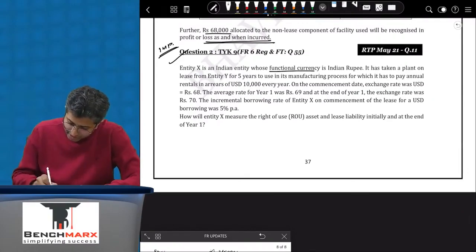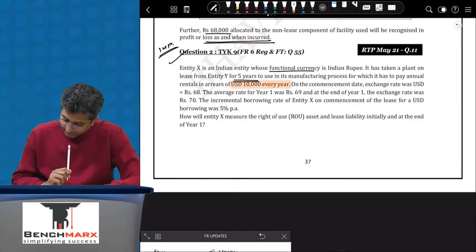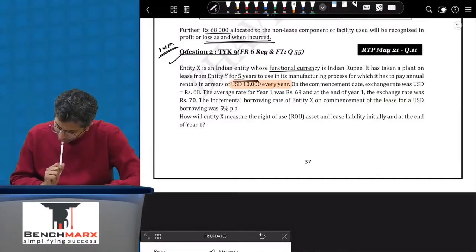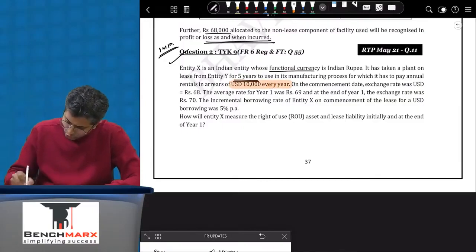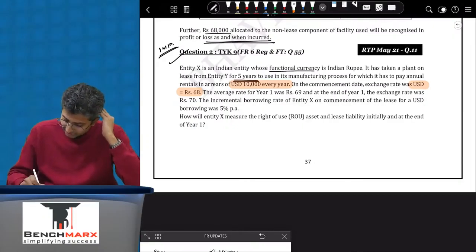It has taken a plant on lease from entity Y for 5 years for its manufacturing process, for which it has to pay an annual rental of USD 10,000 every year. Okay. On the commencement date, the exchange rate was rupees 68 per USD. The average rate for year 1 was 69, and at the end of year 1, the exchange rate was 70. So average rate 69, closing rate 70.